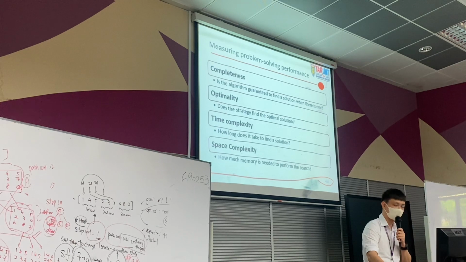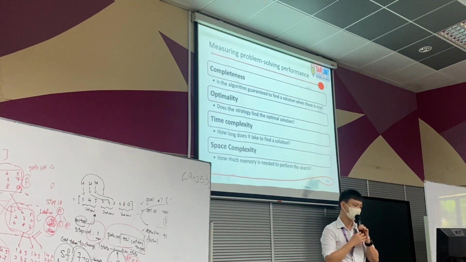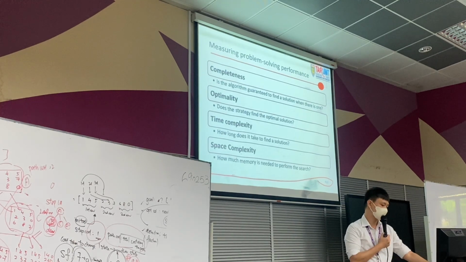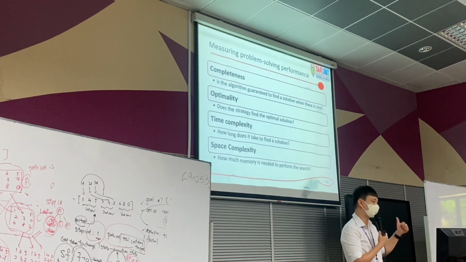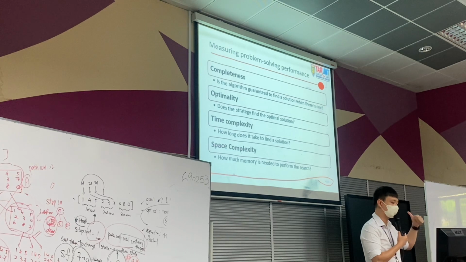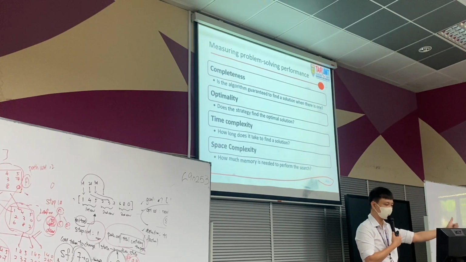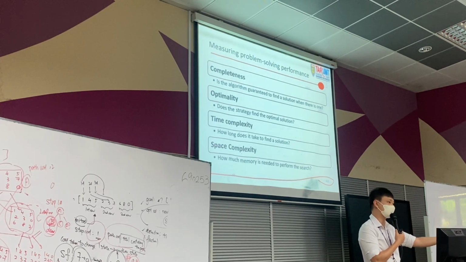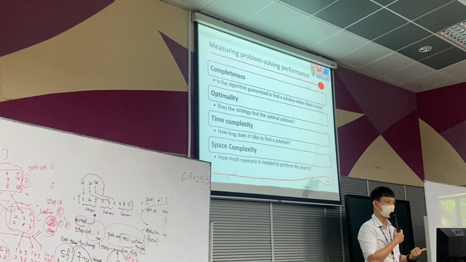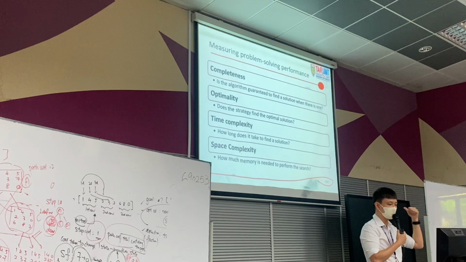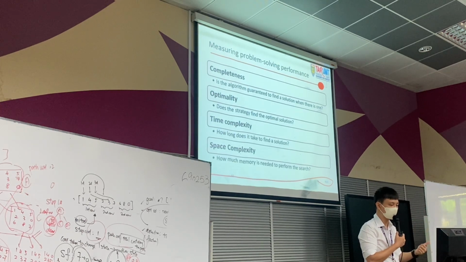So after we perform the search, how do we define whether this is a good search or whether this algorithm is good, based on these 4 criteria? Whether this search gives you completeness, meaning it is able to return you the solutions. We don't want an algorithm that fails to return you the solutions, so we want the algorithm that guarantees completeness.